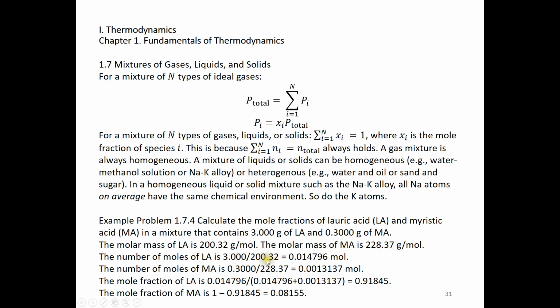It's just mass over molar mass. We get the number of moles. Now the mole fraction of LA is the number of moles of LA divided by the total number of moles. We get 0.918. The mole fraction of MA is simply 1 minus this because we have a two-component system. Now finally, what are lauric acid and myristic acid? Those are just long carbon chain carboxylic acids.